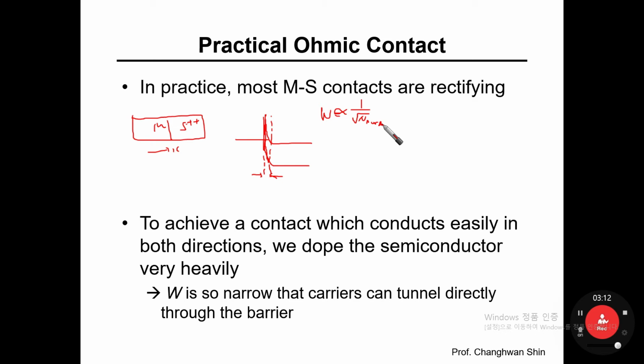nanometers. If the depletion width is narrower than 10 nanometers, the electrons in the conduction band in the semiconductor part and the electrons on the metal side can move in both directions. Back and forth, the electrons can freely move. Why? Even though there exists an energy barrier height.